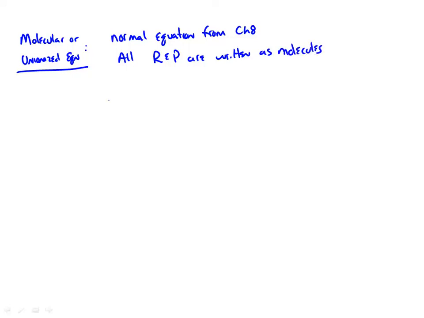And an example of that is if I simply say I've got 2 potassium hydroxides that are aqueous plus H2SO4, which is aqueous, and that reacts to form K2SO4, which is aqueous, plus water, which is a liquid.